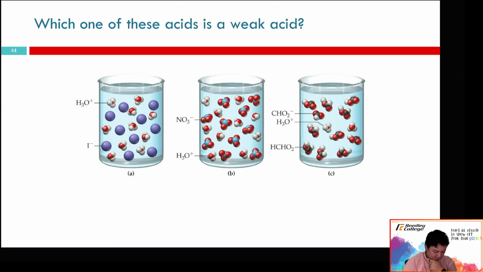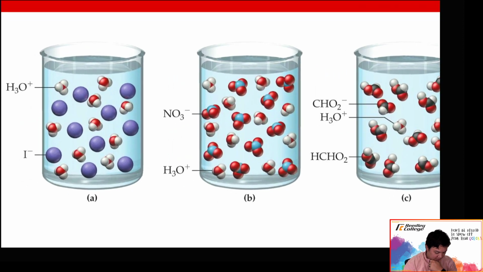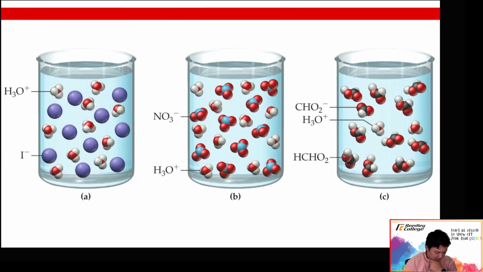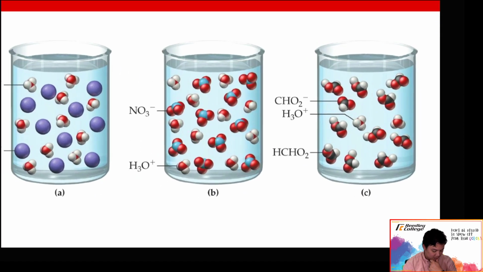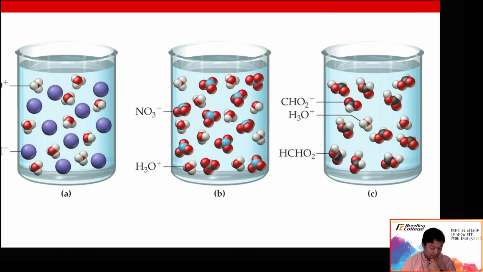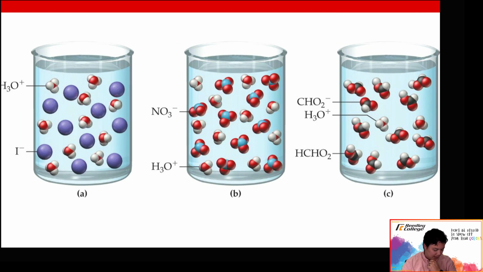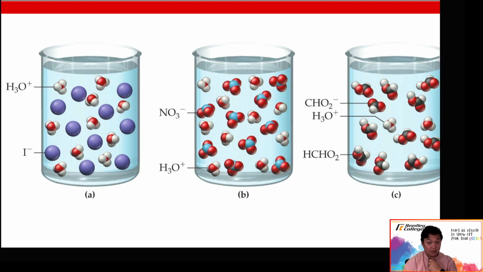Let's take a look at these. A little bit hard to see, but which one of these is a weak acid? Or actually, we're just trying to find one. If we start with A, and we ignore the fact that we have hydroiodic acid, but if we look, these are our iodine.